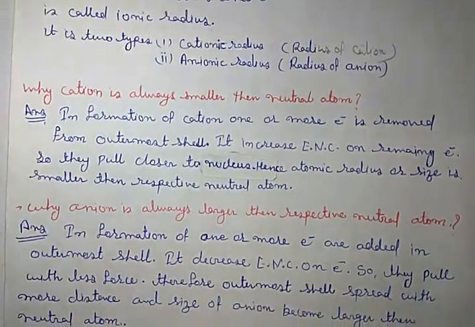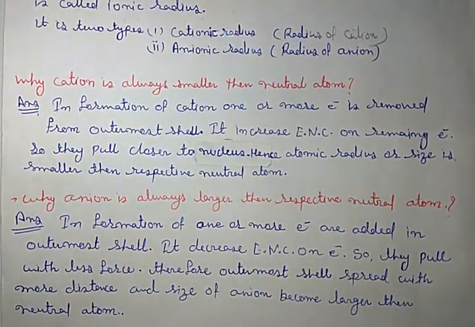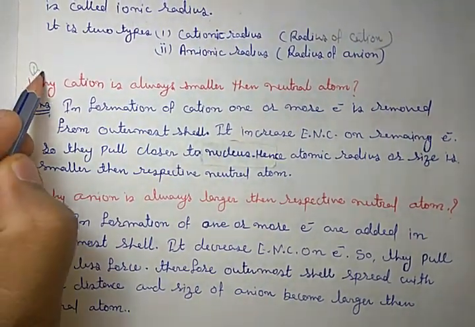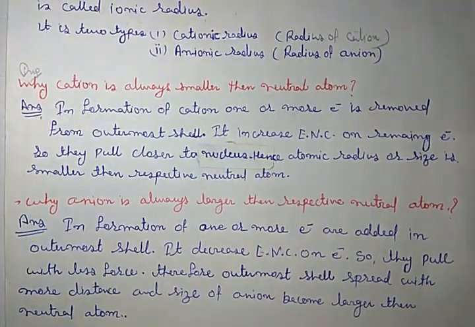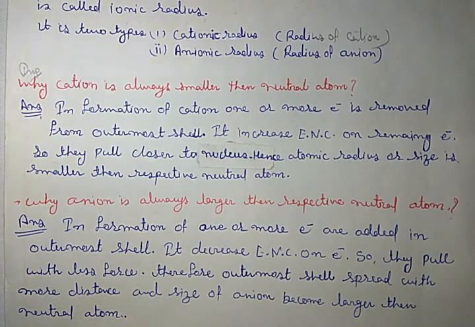Now there are two questions which are very important for our exam. The first one is very important. Why is a cation always smaller than the respective neutral atom? In the formation of a cation, one or more electrons are removed from the outermost shell.